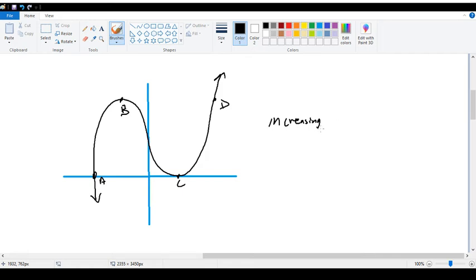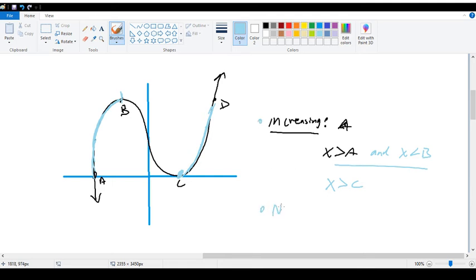Well, it's increasing between, again, when it's positive, so when x is more than a, it's increasing here, right between a and b. It's also increasing when x is more than c. Okay?